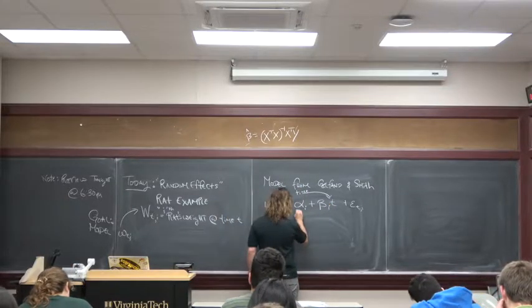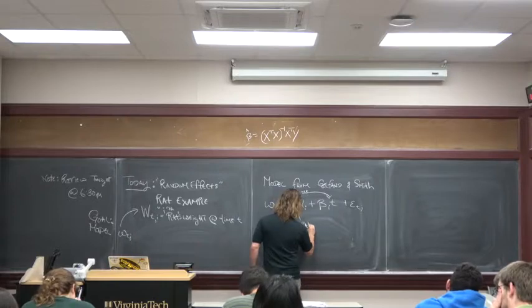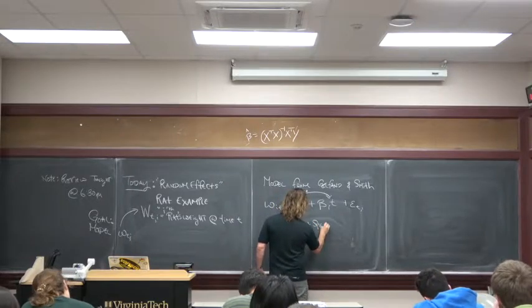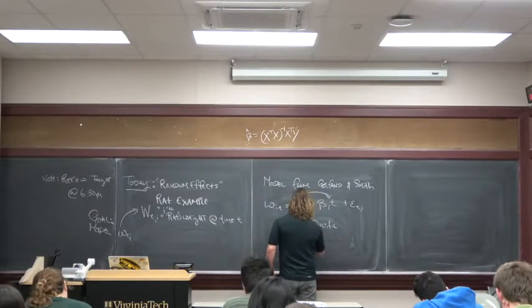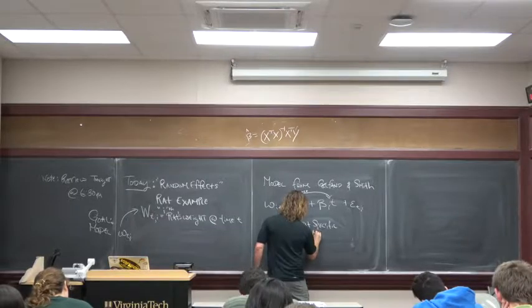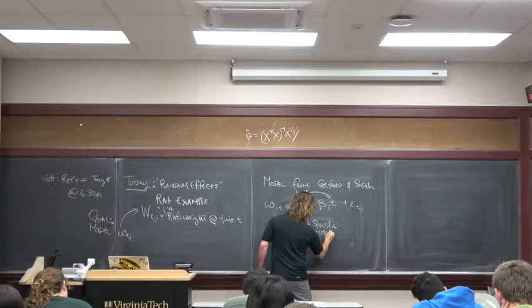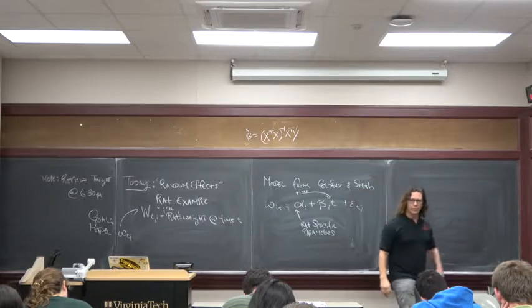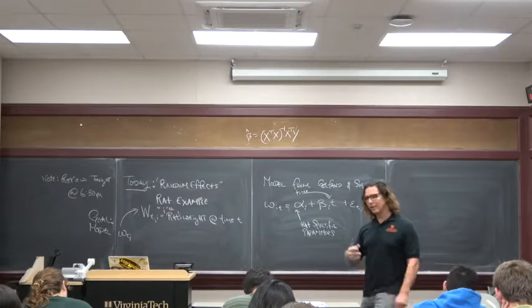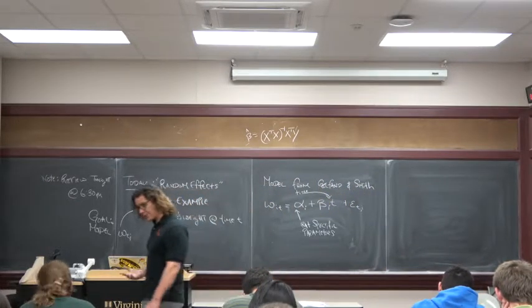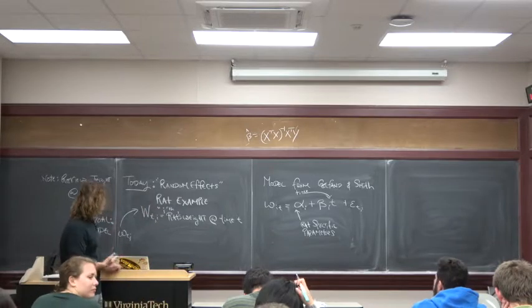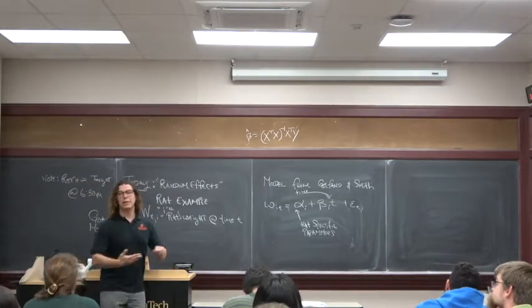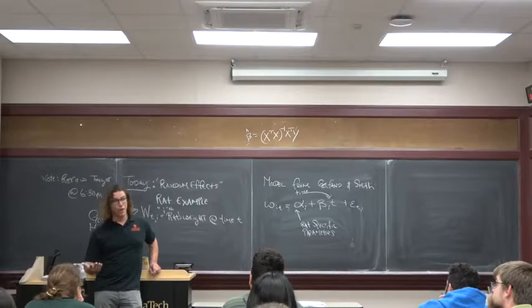So these are rat-specific parameters. So every rat has its own set of an alpha and a beta, an intercept and a slope, and they represent that rat's ability to put on weight through time.